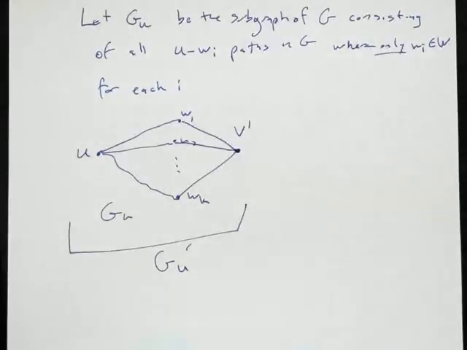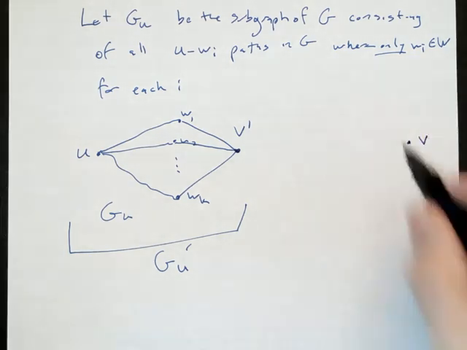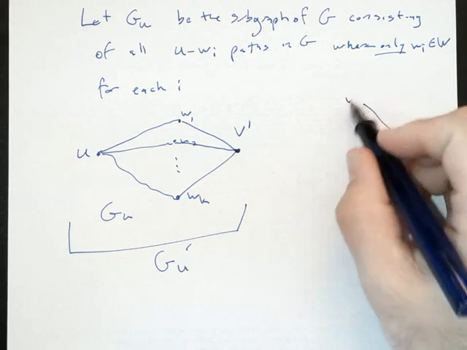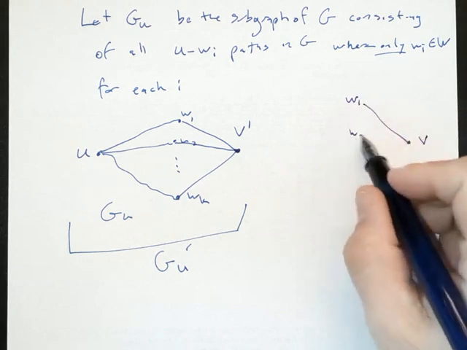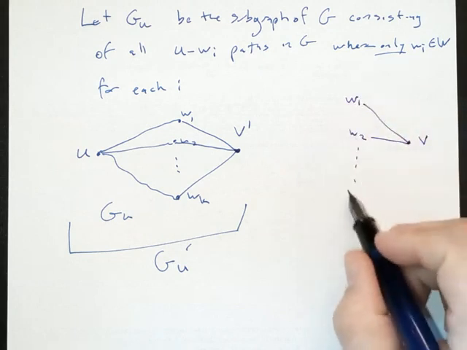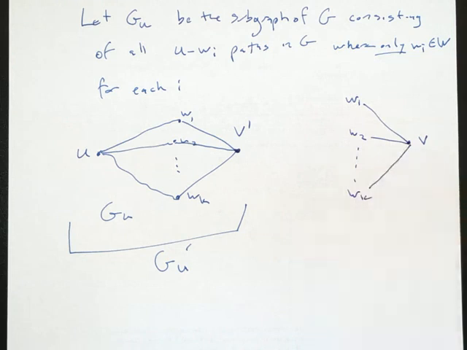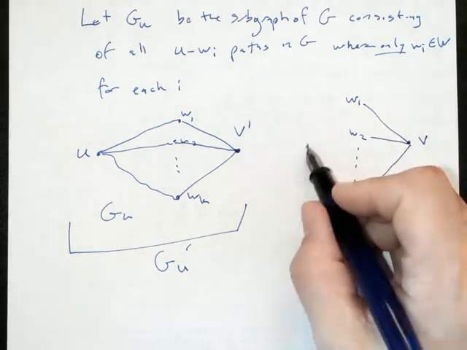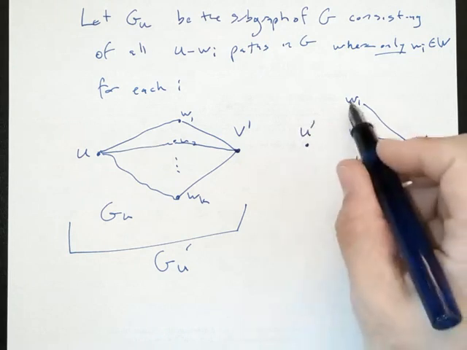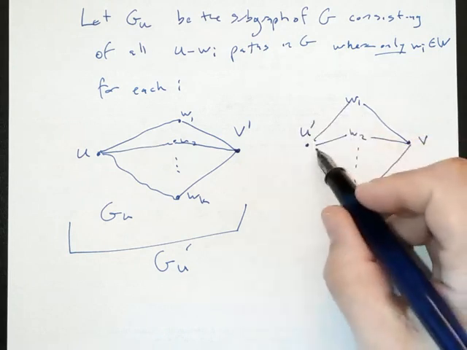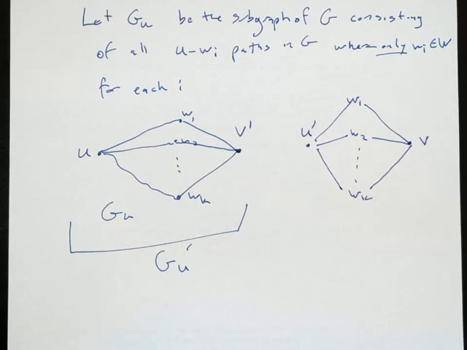Bizarre, right? I did this starting at U. What if I do it starting at V? I can do the same thing, can't I? I can start over here at V, go to each of the WIs, and then add a new vertex, which I will call U prime, and make it adjacent to all of the W's.